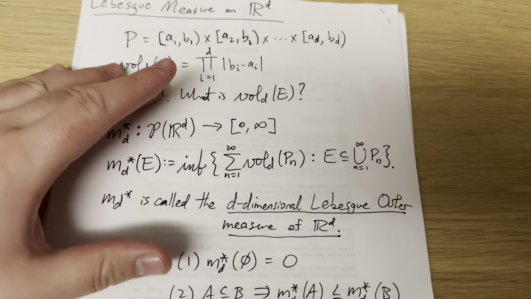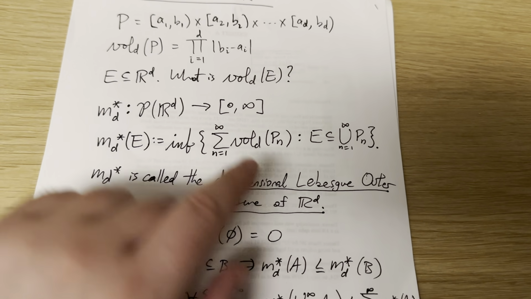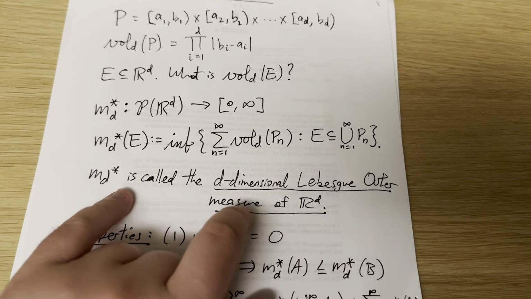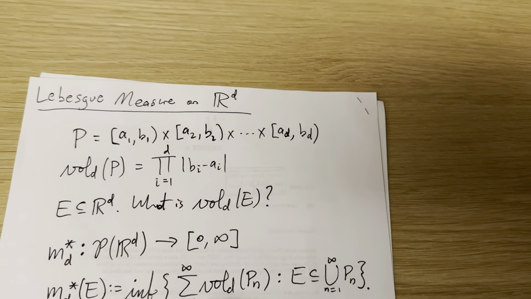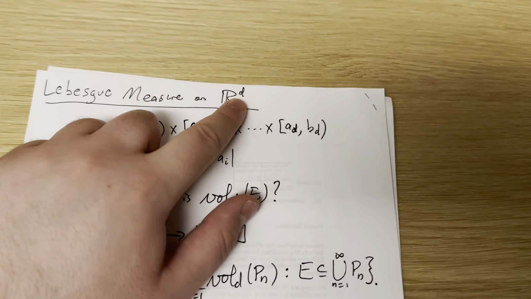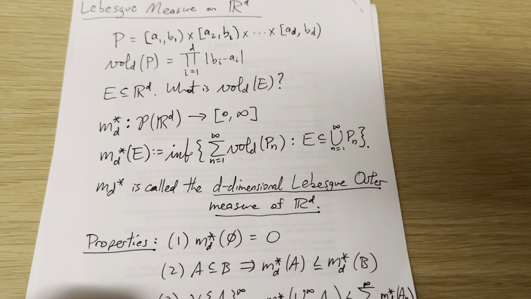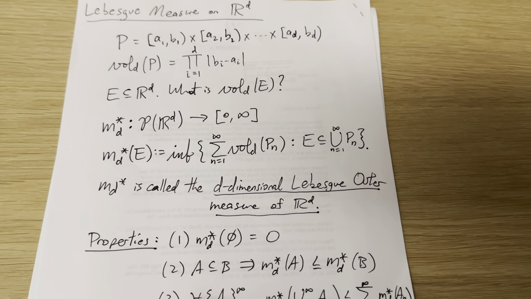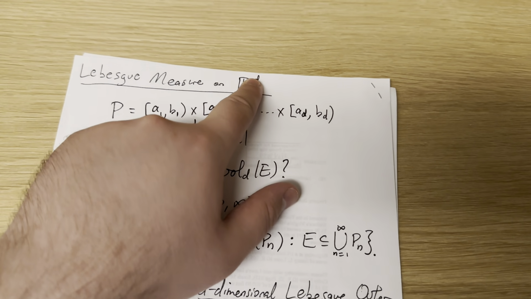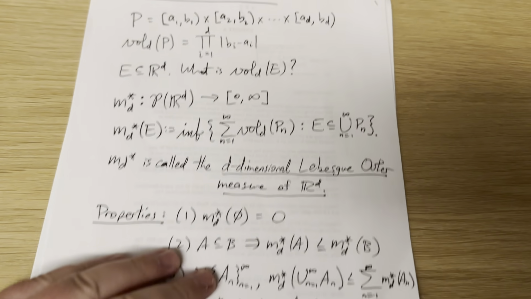And that's how you want to talk about m_d star of E. The reason it's called m_d star of E is because it's d-dimensional, because we're in the space R^d. If it's too hard to think about, just think of d as 1, in which case you're just measuring stuff on the line. Or if you want something more abstract, just put 2 here, and then you're measuring sets on the plane.